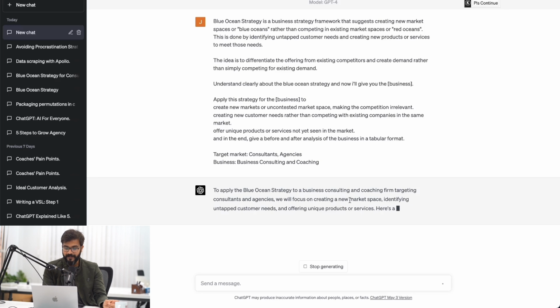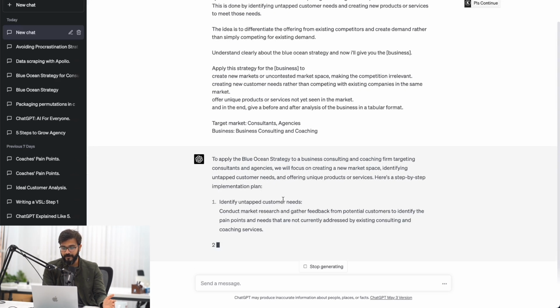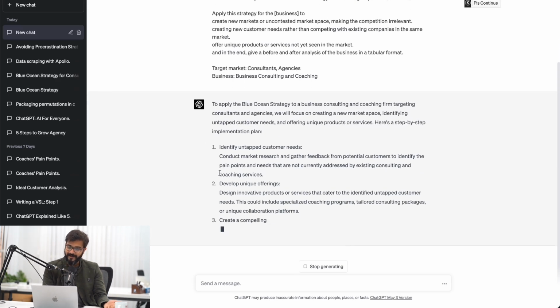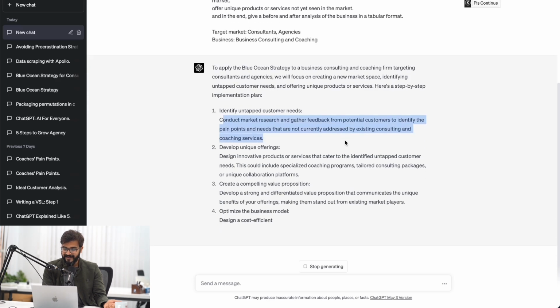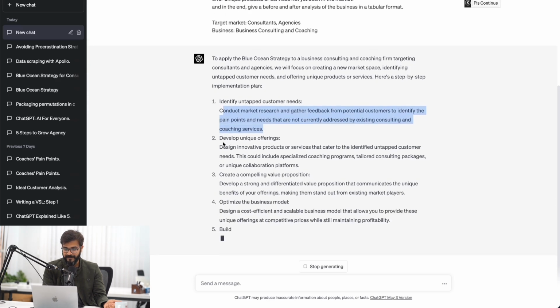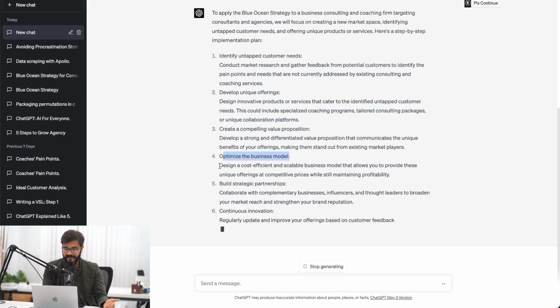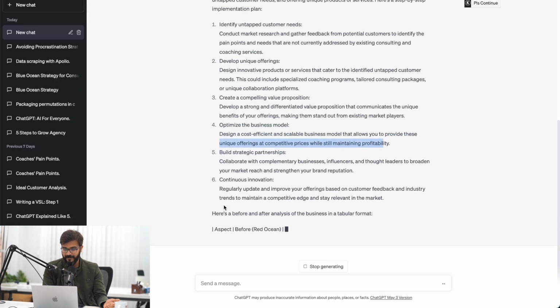To apply blue ocean strategy, okay, we will focus on creating a new market space, identifying untapped customer needs, and offering unique products and services. Here's the step-by-step guide. Okay, it says identify untapped market needs. Conduct market research and gather feedback, develop unique offerings. Create a compelling value proposition, optimize business model, build strategic partnerships, continuous innovation.